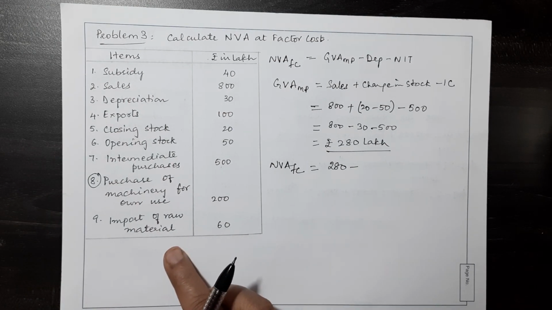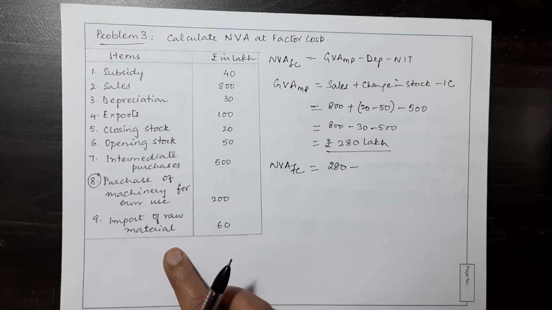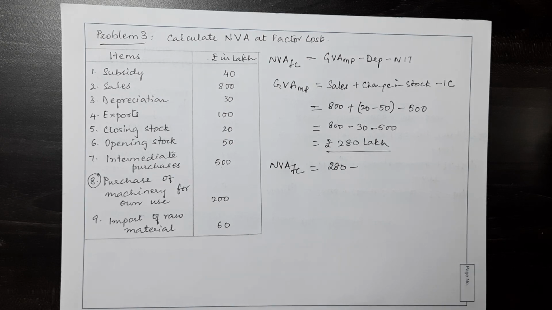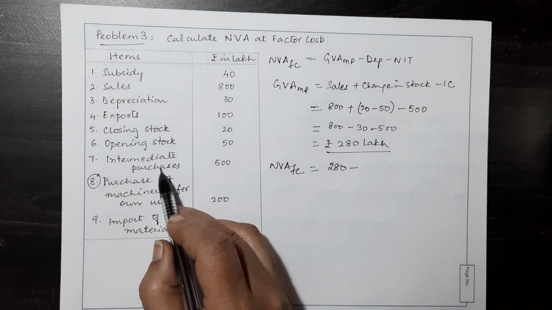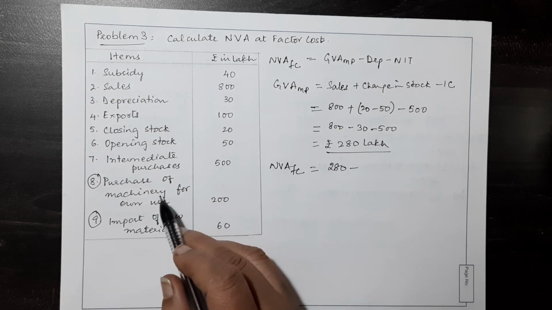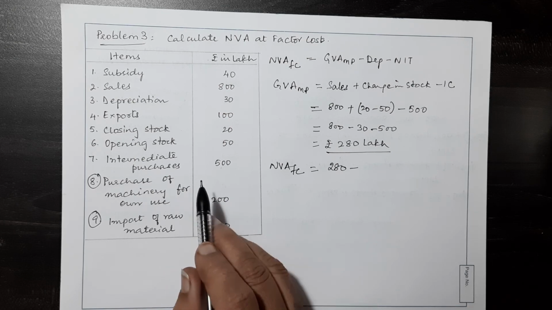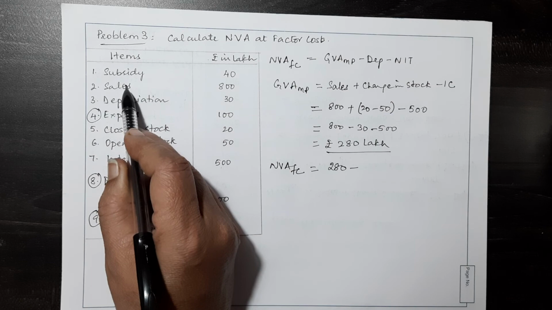Import of raw materials is given to us. Can we include import of raw material over here? No, because import of raw material is included in the intermediate purchases, which is the intermediate consumption. So we will not include that also. Exports we will not include because exports is included in the sales.